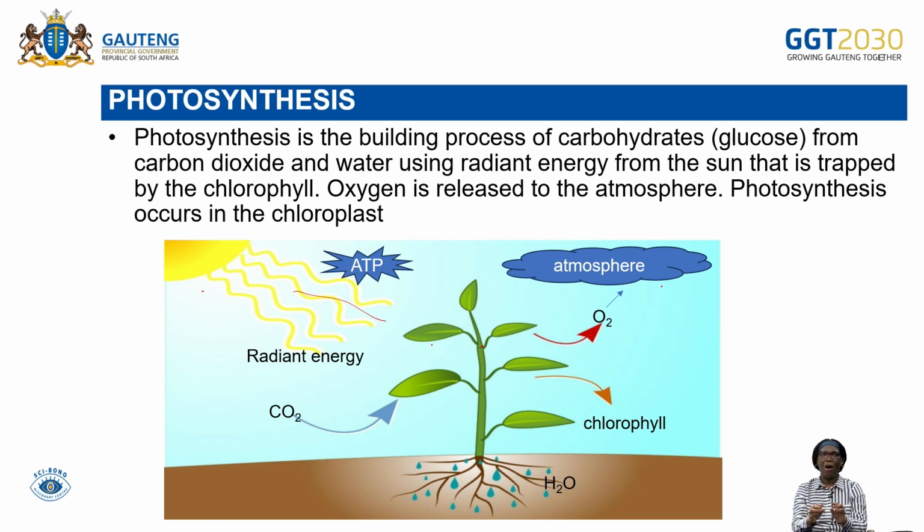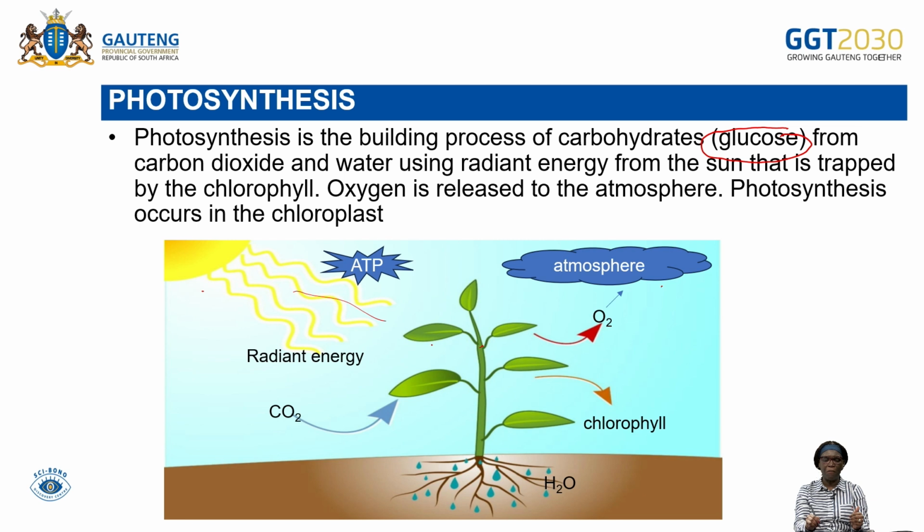Okay, from the diagram here, we are having a diagram showing different pictures, and they are illustrating what the process of photosynthesis is. Photosynthesis is the building process of carbohydrates. The carbohydrates that will be built from this process are the glucose.